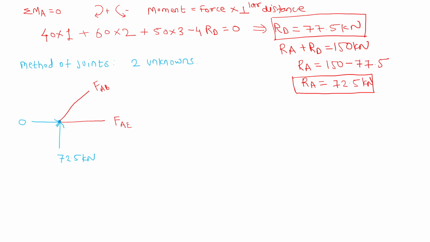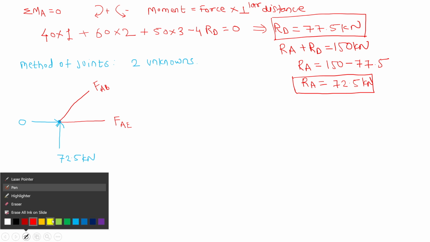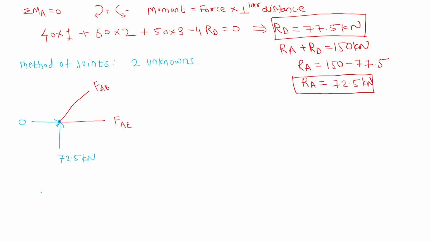Now we have to assume the nature, either positive or negative, either tension or compression, but don't pick the nature randomly. If you see here, this is the complete free body diagram of joint A. Now we have to solve this joint A using equilibrium conditions.